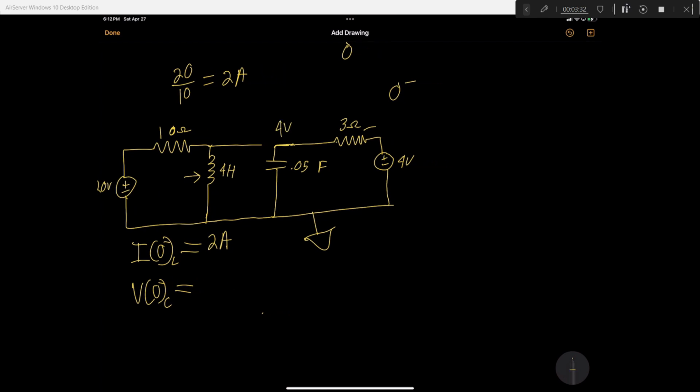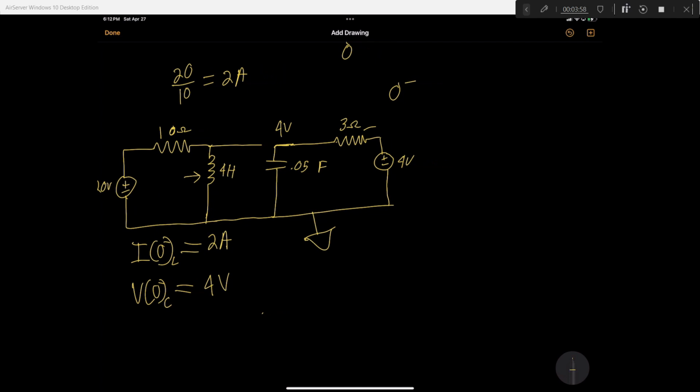It's going to be fully charged to 4 volts as it sits for a very long time. And it's good to note that capacitors, when sitting for a while, become an open circuit, the opposite of an inductor. For a lot of situations, capacitors and inductors are opposites of each other.